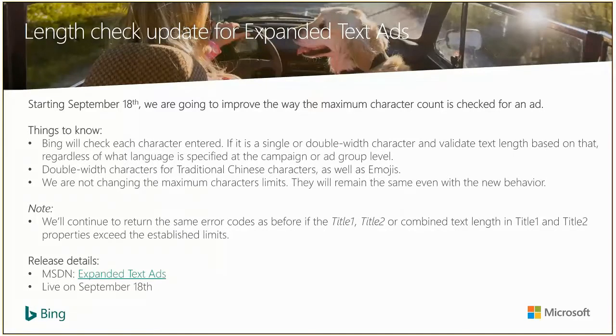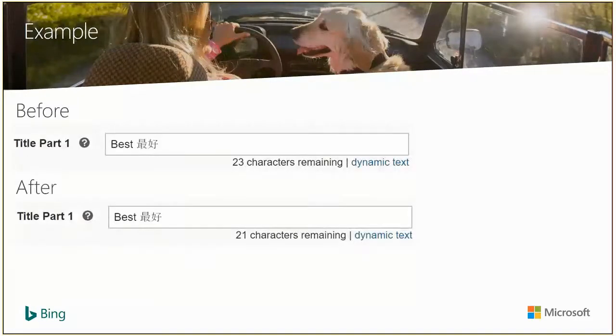Next slide, please. Yes. So before, in title part 1, you could use 30 characters. For example, let's think this was an English ad group level setting. So there are 4 English characters, 1 space, and 2 Chinese characters.